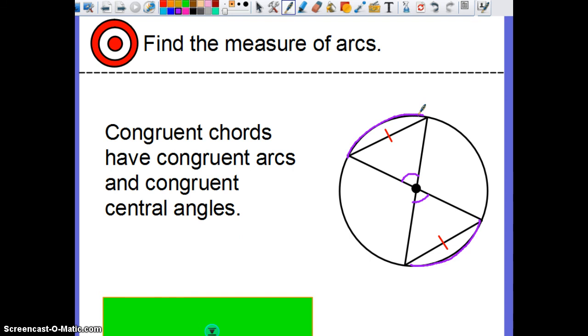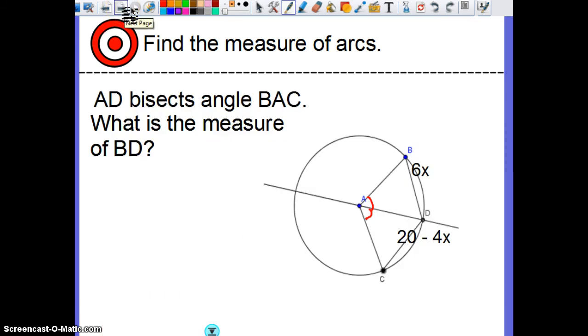Basically that just lets you do a little bit of algebra. So for this one, if I say that AB bisects this angle right here, that means that these two angles are congruent, which means that these two arcs must also be congruent. So you could set up 6x equals 20 minus 4x, and then go ahead and solve for your x.